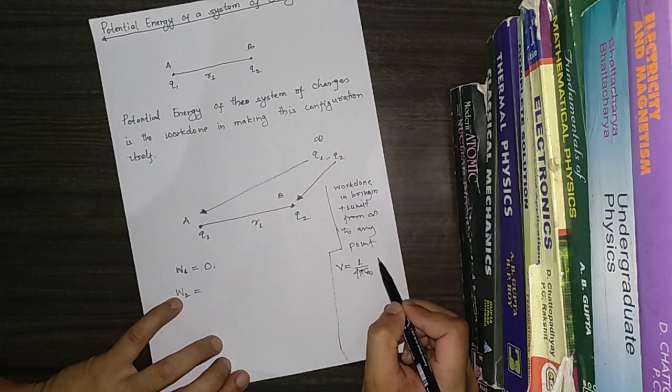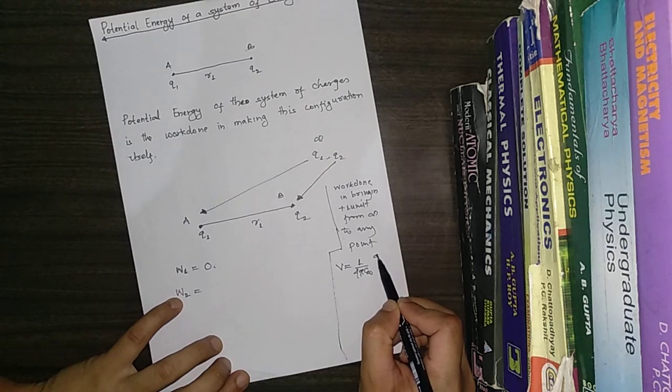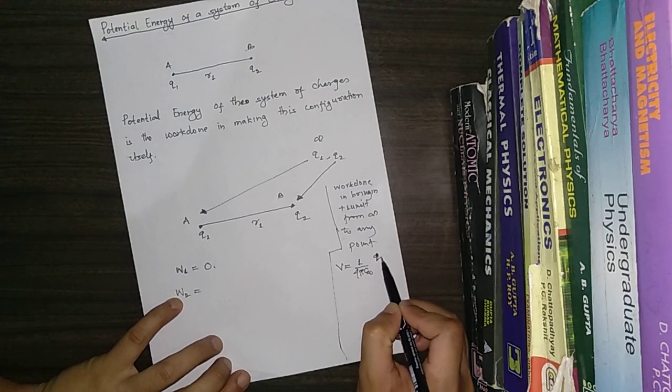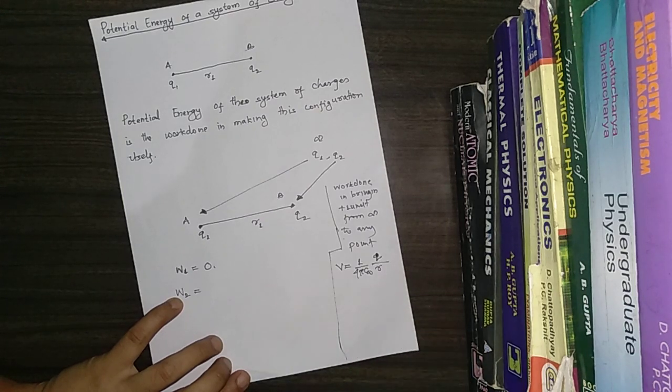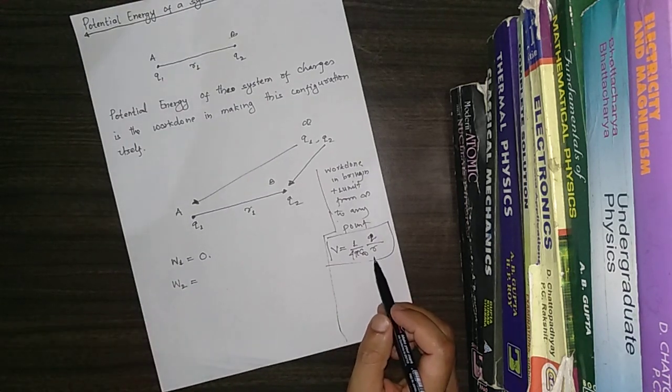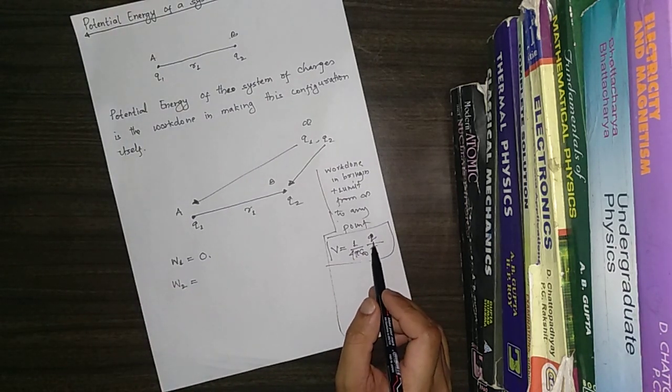It was 1 by 4 pi epsilon naught q by r. If you bring a unit positive charge around any charge q, then you have to do this much amount of work, and that work itself is the electrostatic potential around this charge q.